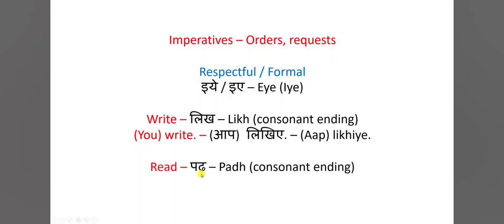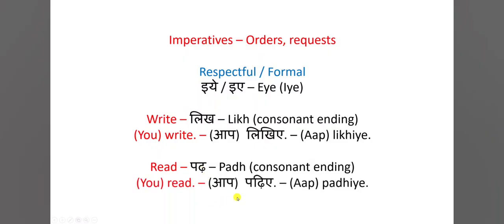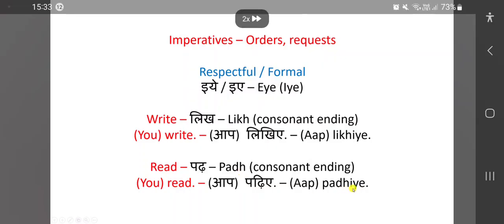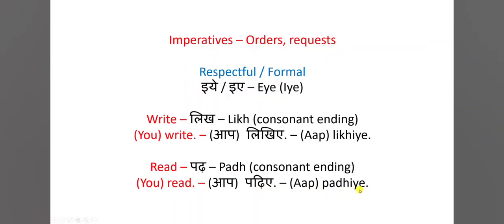Read is padh. Not an a-ending verb. So here we change the dh to dhi and then add ye. Like this, aap padhiye. dh becomes dhi, and then we add ye. Padhiye.